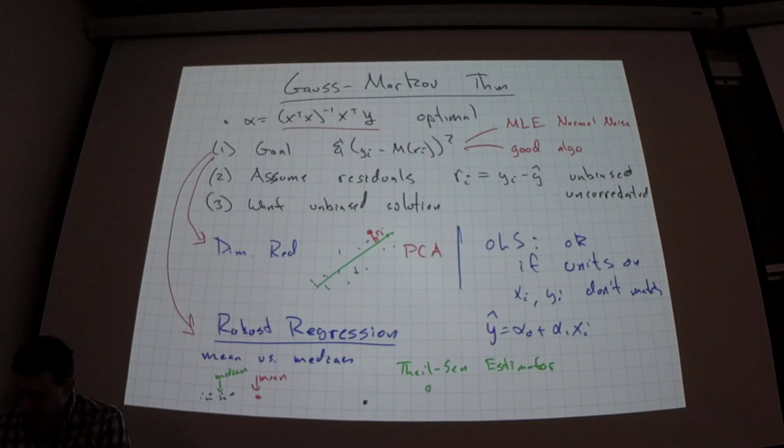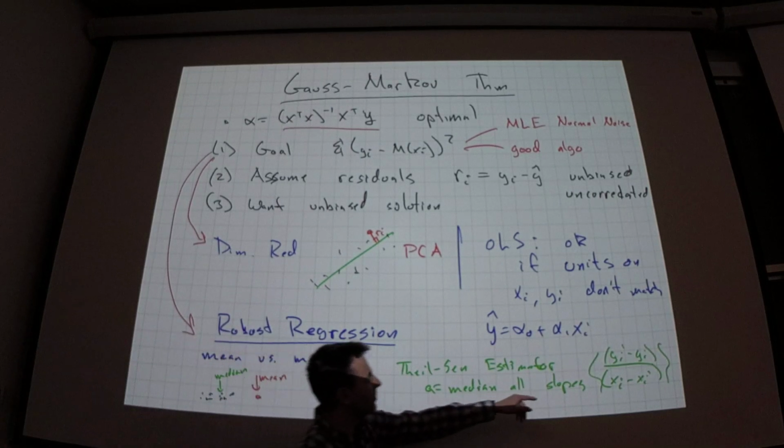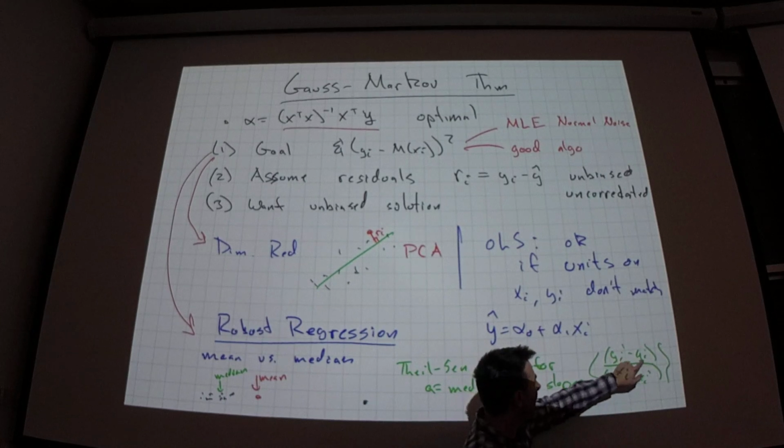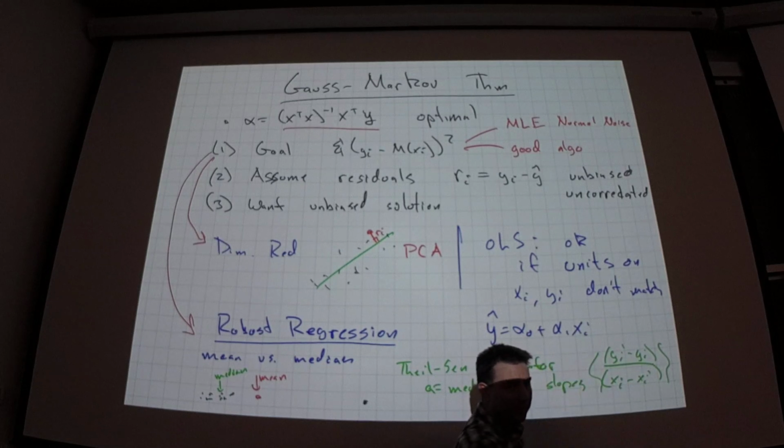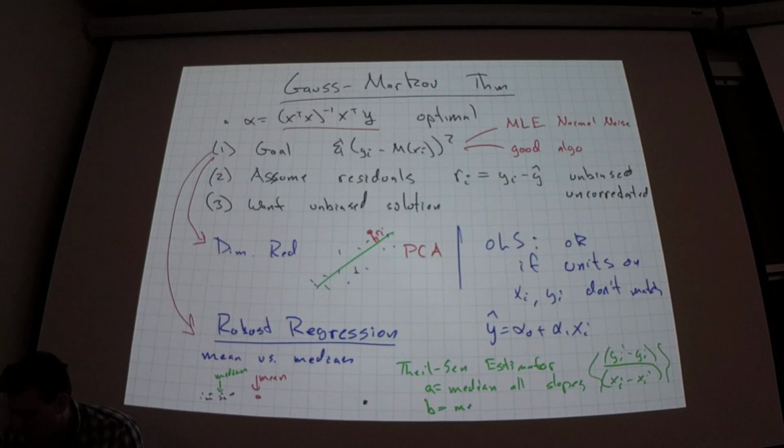What this does instead is it estimates A as the median of all slopes, (yi prime minus yi) divided by (xi prime minus xi). So for all pairs, I think maybe it does consecutive pairs based on the sorted x order, it computes all of these slopes between two points, and then it takes the median of all these, and this is A. And then B is the median of all the values yi minus A xi.